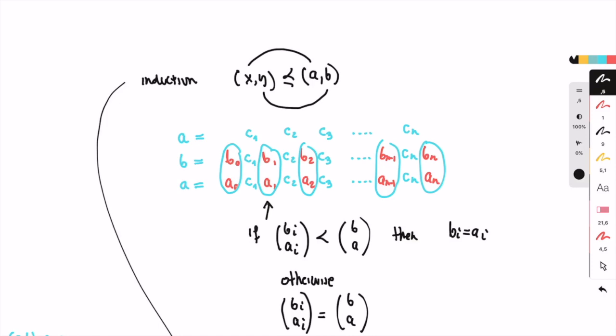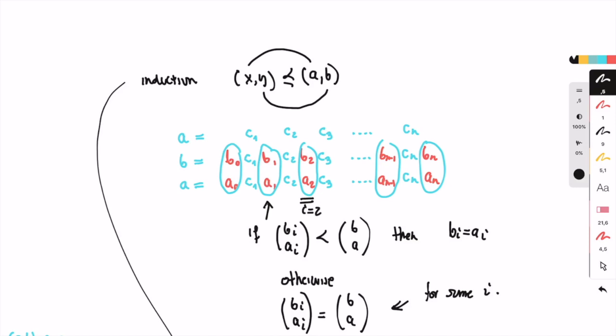Now, suppose that we have this for all i, then this row and this row are the same. So we're done with the lemma. So the remaining case is that at some point we have this for some i. Let's say it's B2, i equals 2.